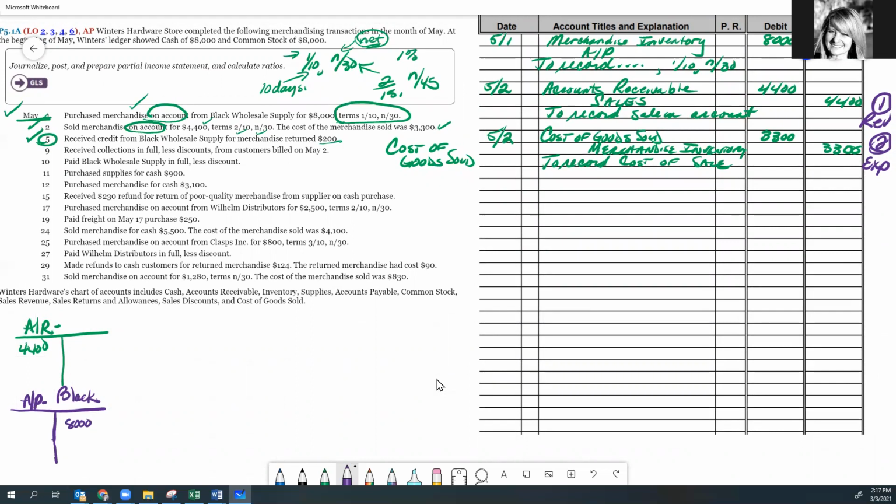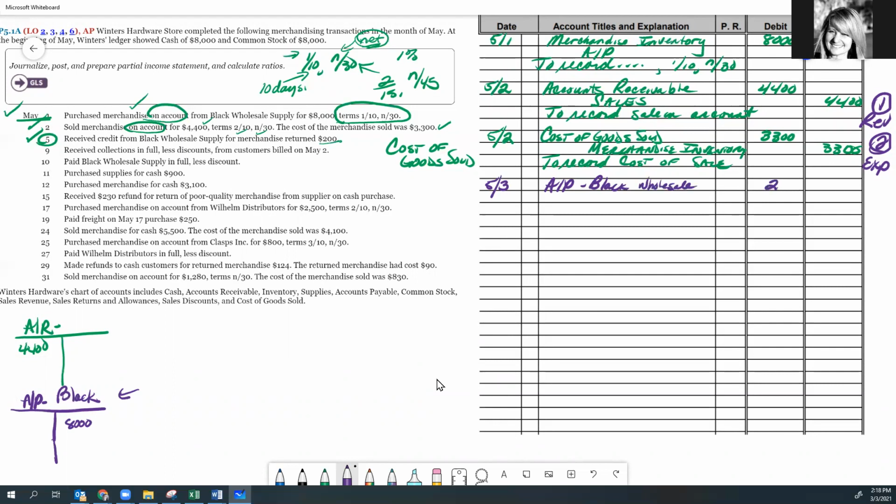Okay, so we are on May 5th making a return to them. So since we're returning the merchandise, we no longer have it. So on 5/3, we are going to show that we don't owe all of this payable anymore, right? We don't owe 8,000 because we returned $200 worth of it. So we are going to debit accounts payable. I'm going to put the name on it. Let's see. Oh, it's Black Wholesale.